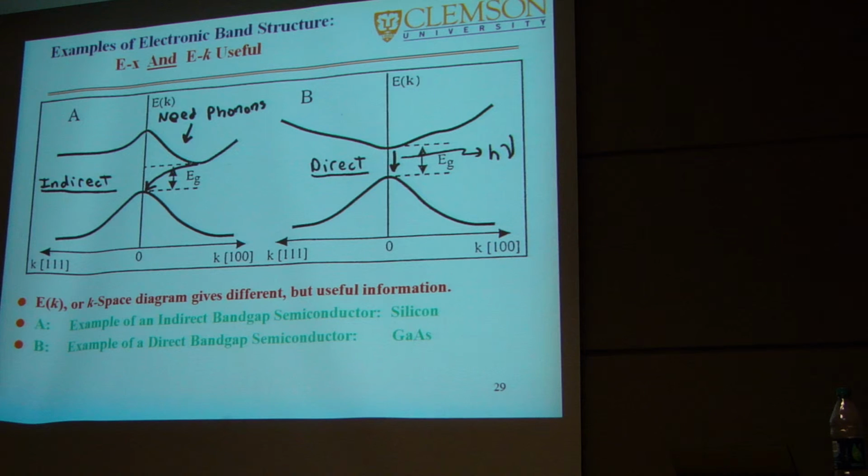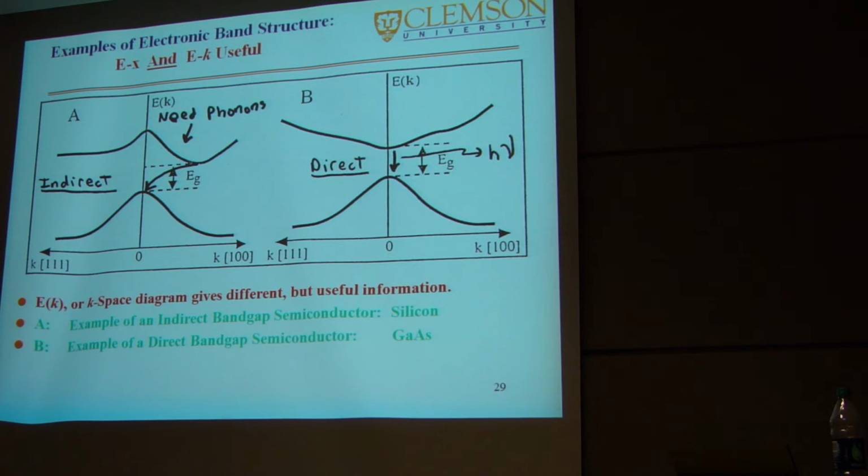Now we go back to the EK diagram, and we can get a view of why E versus K can be useful. These are two examples also from that textbook. Here's an example of what we call a direct band gap semiconductor. Again, this is E versus K: the minima of this conduction band and the maxima of the valence band line up at the same point.